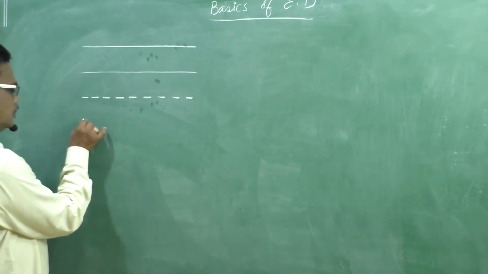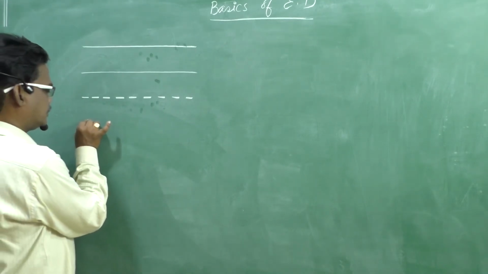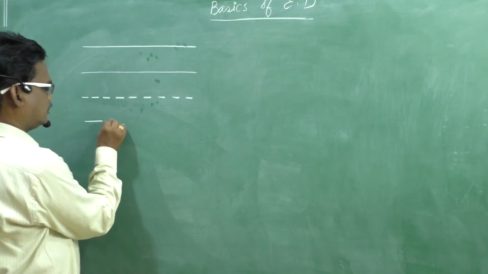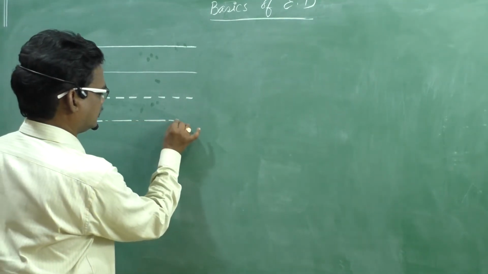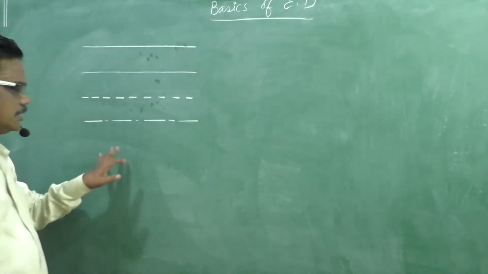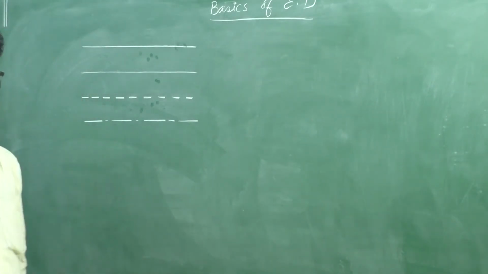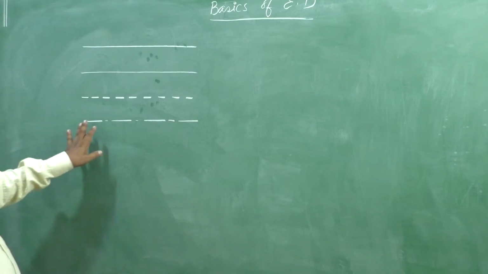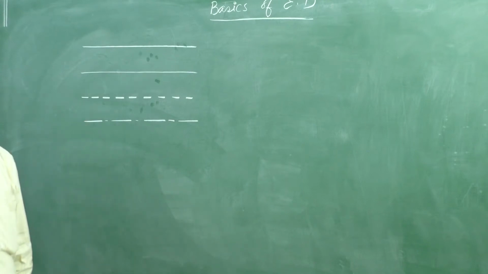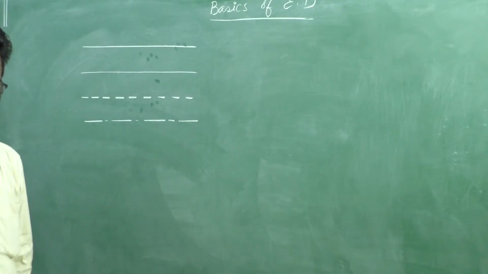Now, the fourth one is long line, dot, long line, dot, long line. If we draw like this, the line is used to represent the axis of the solids or axis of an object. This long line dot line is useful for the representation of axis of an object.